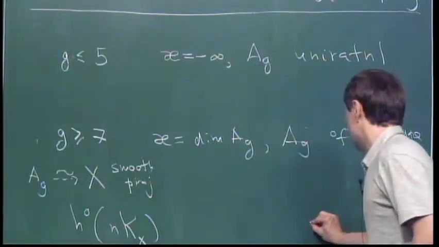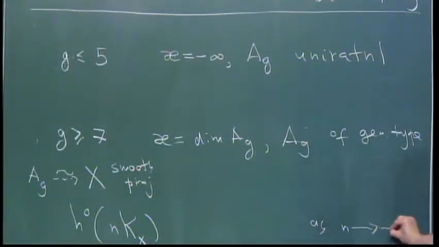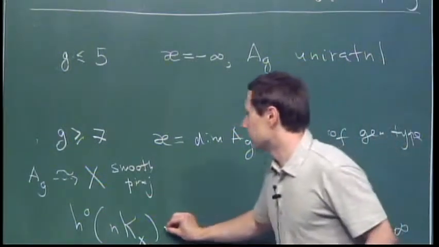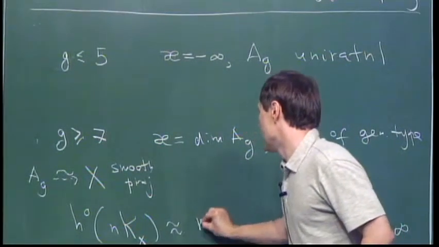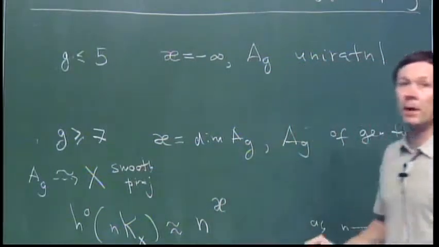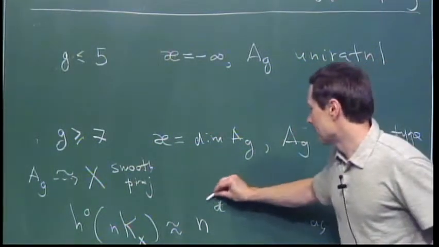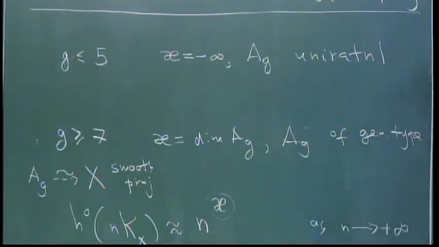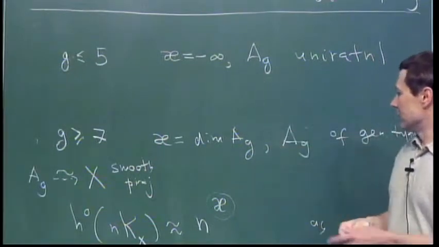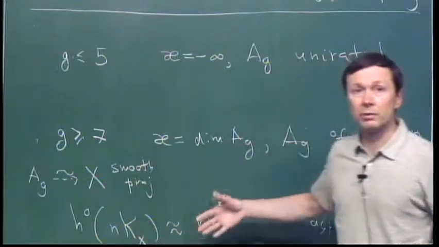As n goes to plus infinity, this grows as n to some power. And so this power is called the Kodaira dimension. And Kodaira dimension minus infinity means that all of these numbers are 0.